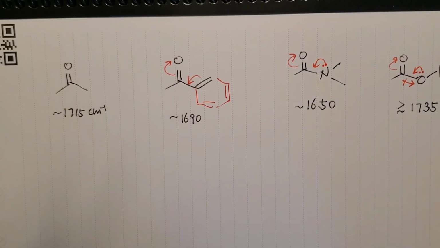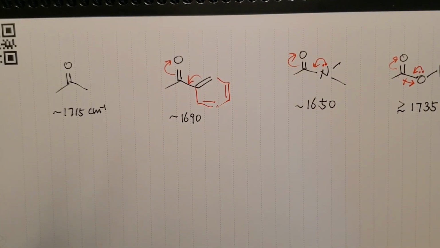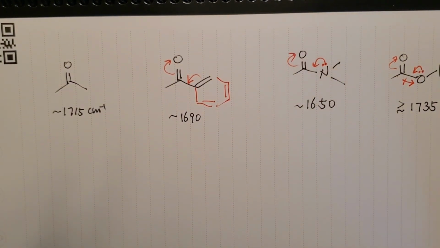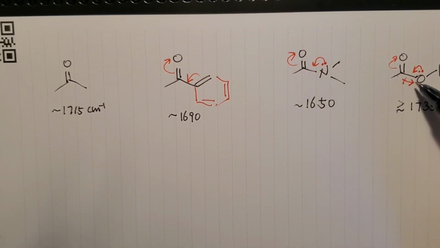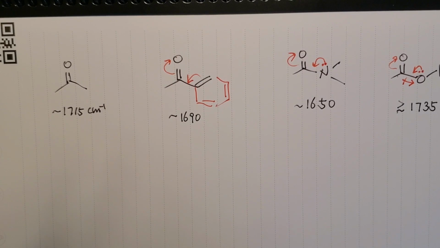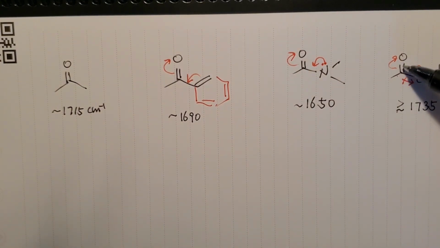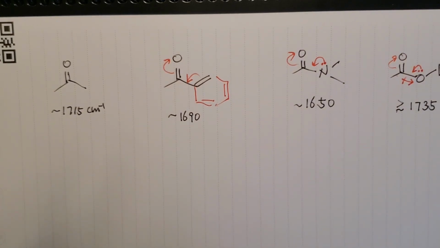It could sometimes be 1732 or something, but safely speaking, it could be this, which means the resonance effect is not as much as the inductive effect of the oxygen. Oxygen is really electronegative, making the K for this bond greater.